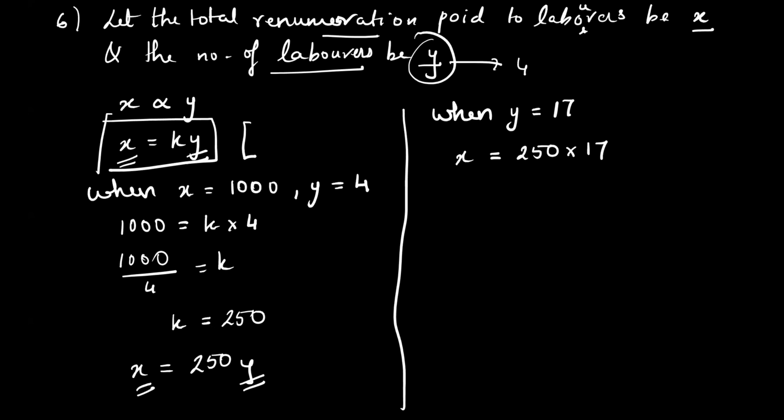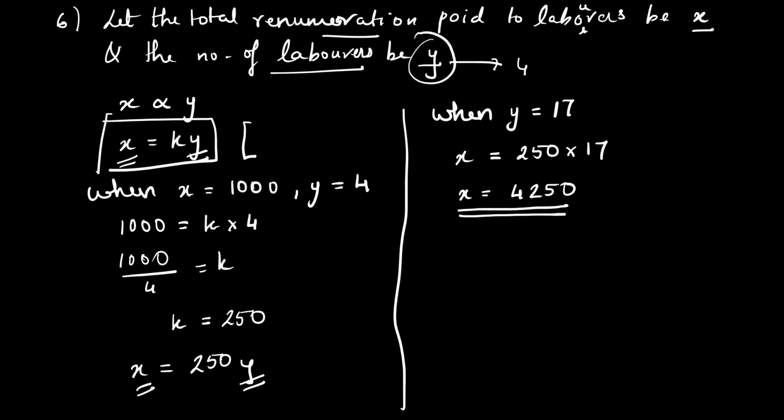Can you get me the answer? Yes, I'll quickly multiply 250 into 17. Rupees 4,250. Very good. x is equal to rupees 4,250. When I'm finding x I'm not writing rupees, but since it is a word problem, in the final answer we will have to write it.